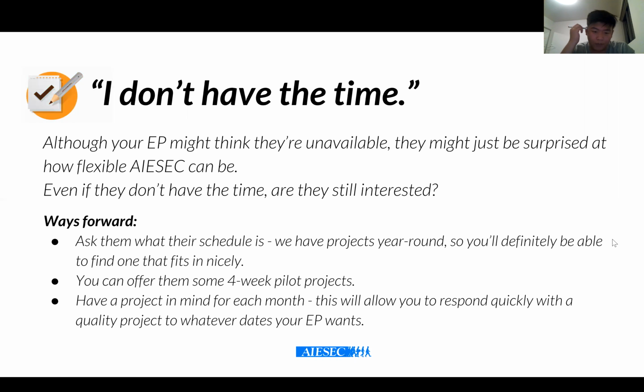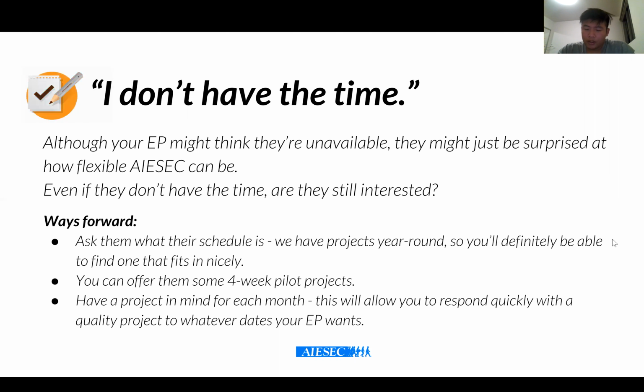With point number 3, this is something I haven't actually tried, but it's an idea I was thinking about. And I suppose this is more suitable for the summer period.